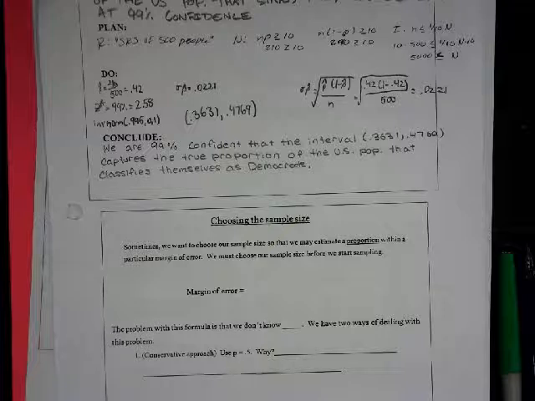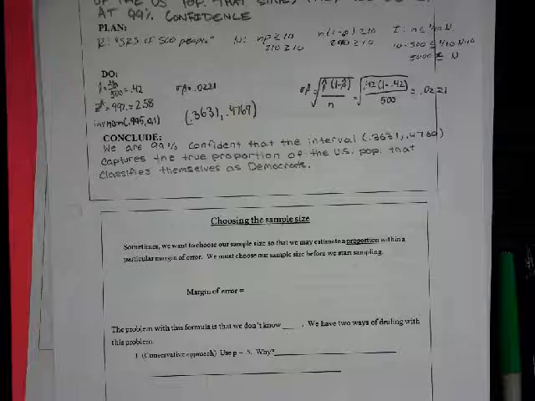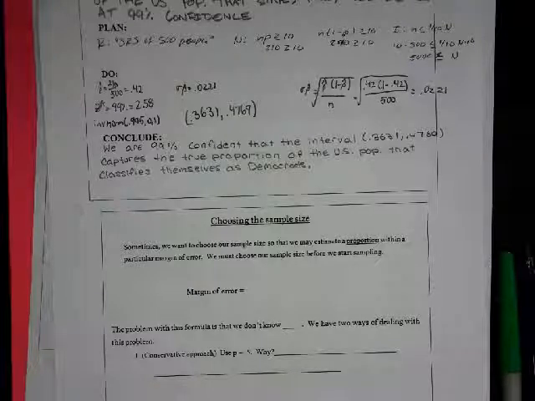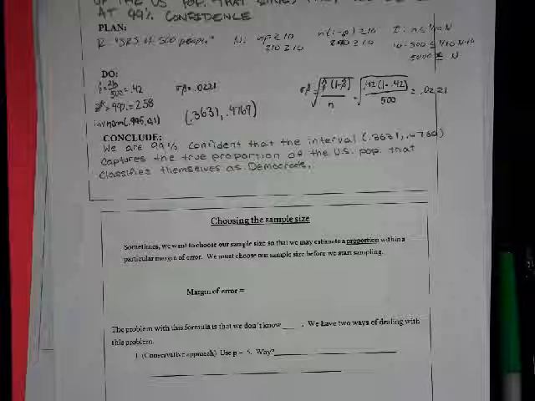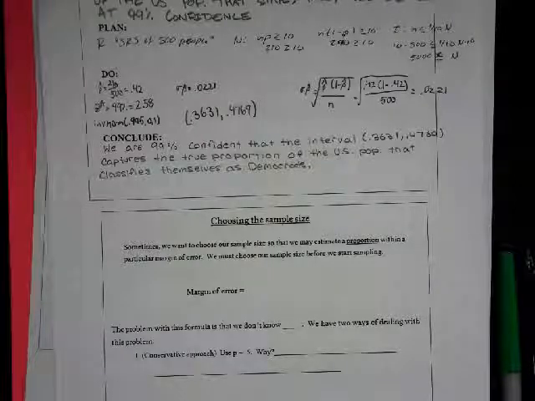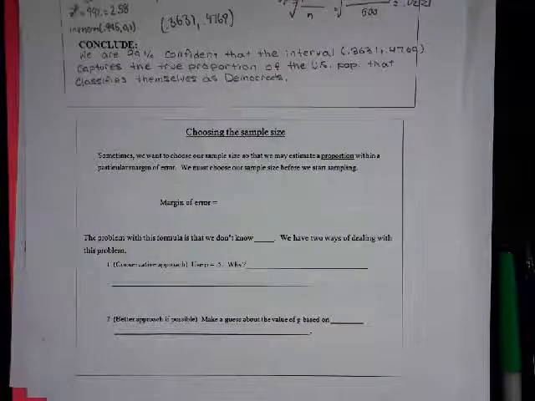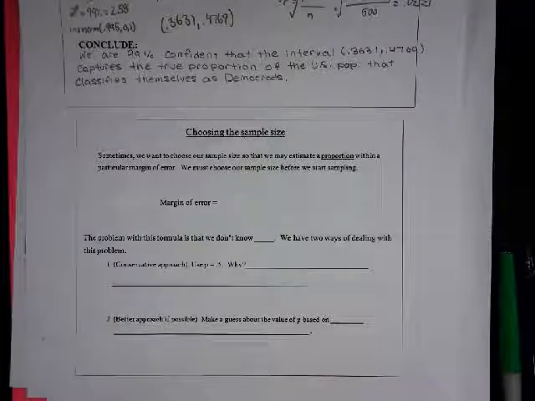No, it's not. You also have to know how to find the sample size. Sometimes we want to choose our sample size so that we may estimate a proportion within a particular margin of error.